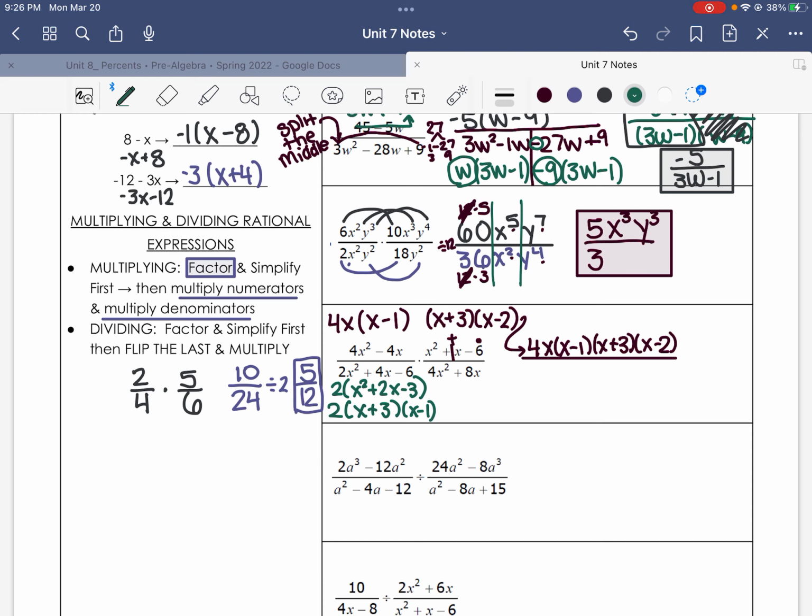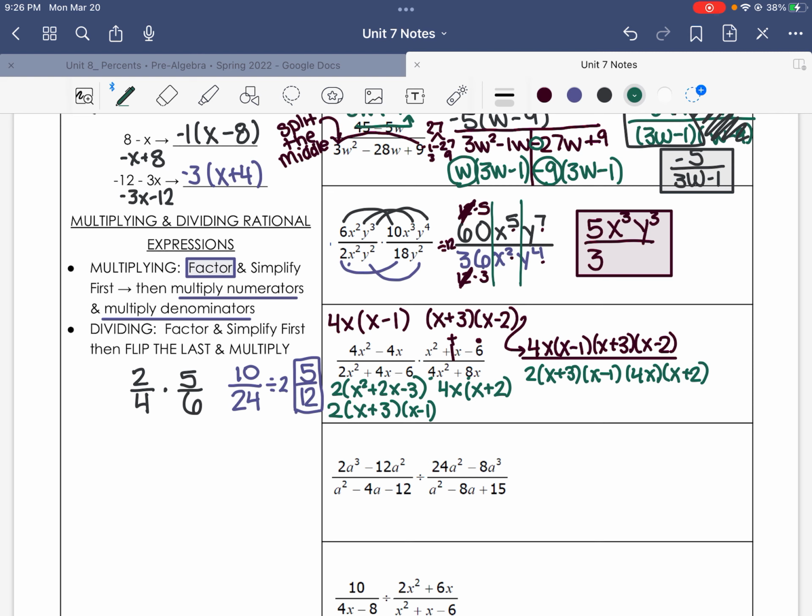The other denominator, I notice I can divide them both by 4. And they both have an x, which leaves me with x plus 2. So everything I have on the bottom part is 2, x plus 3, x minus 1, 4x, x plus 2.